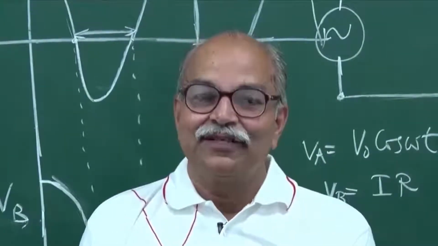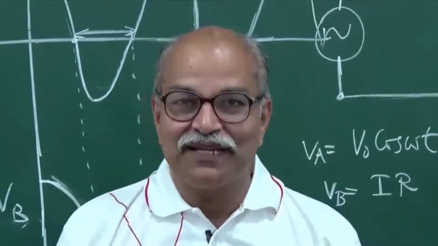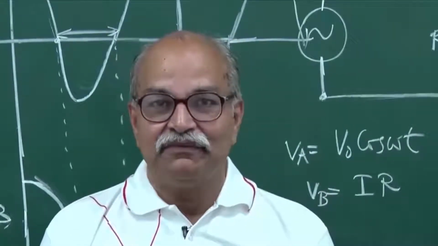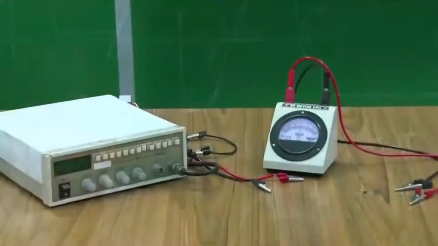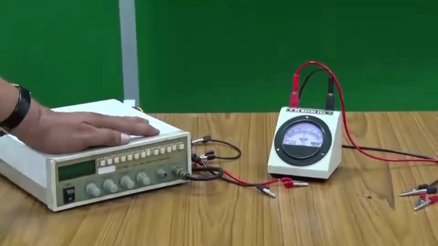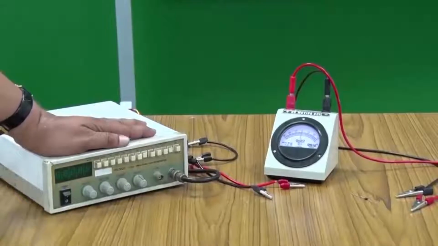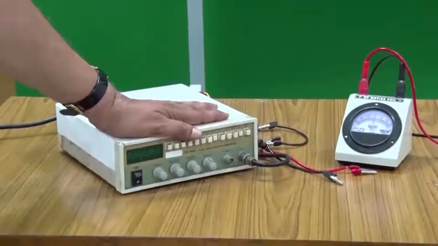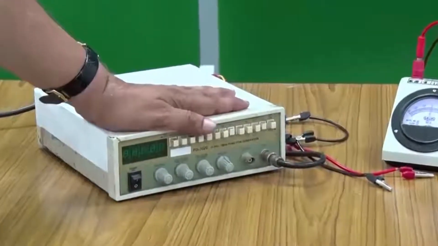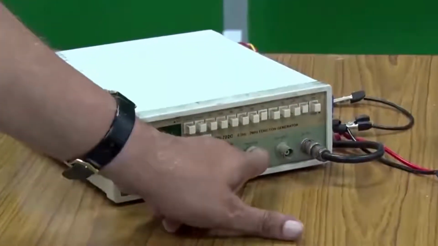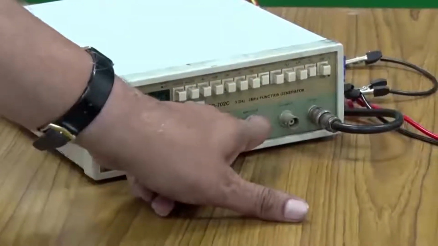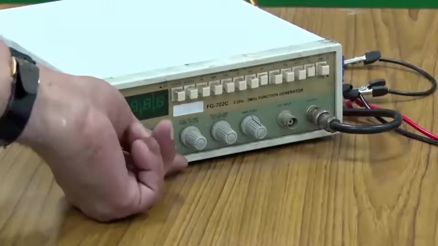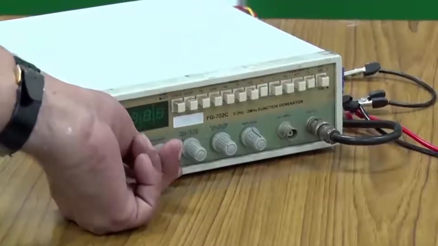So let me do some experiment here to give you some kind of a feel of this phenomenon, and then we'll proceed further. So now I have a unit here which is giving me AC voltage, of which I can control the peak voltage by rotating this knob, and from here I can also control the frequency of that AC voltage.